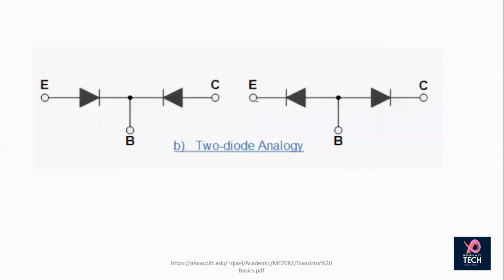Your transistor can be thought of as two back-to-back diodes combined together. Here you can see this is P, this is N, this is N, this is P. They can be combined together to form a transistor, but that is just an analogy. Actually, they cannot be combined together. The reason is that the base is very small in a transistor, but here the base thickness will be more.